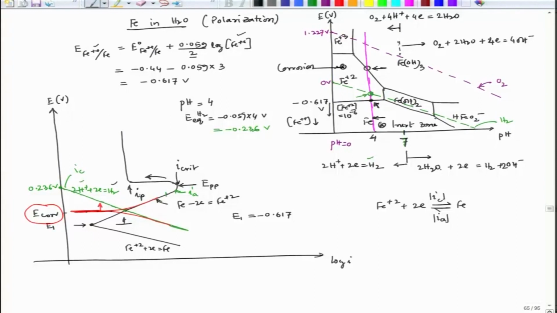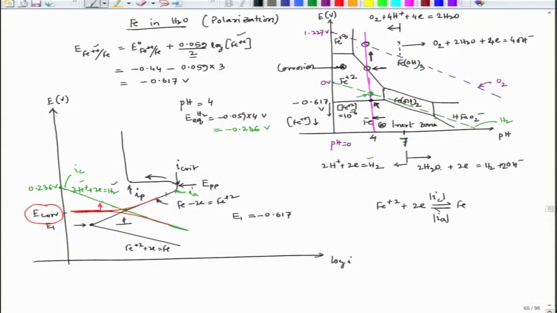And now, as we increase the potential further, if we consider the Pourbaix diagram, it is still in the Fe(OH)3 region, that means the passive layer is still there, but we could see that there is a cut point, and that cut point is cutting the line corresponding to oxygen evolution or oxygen reduction.